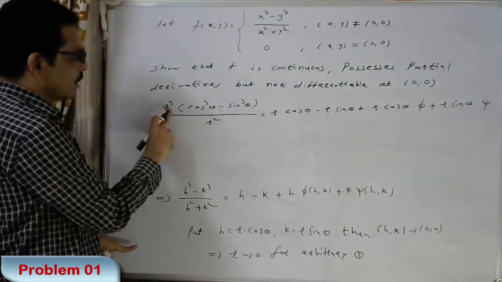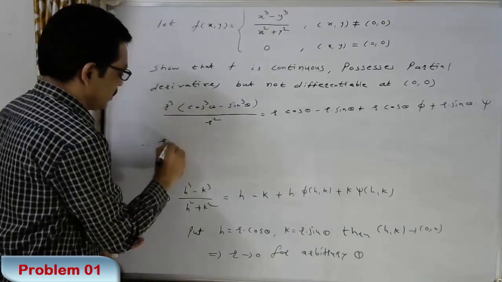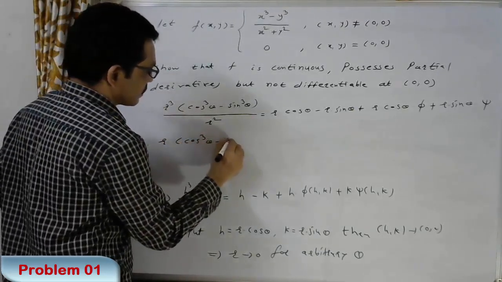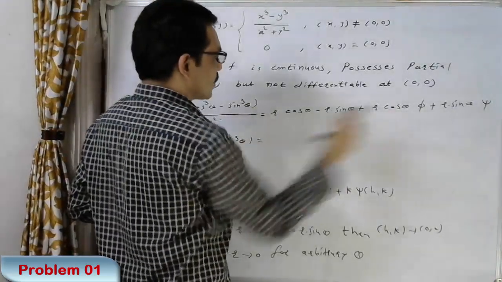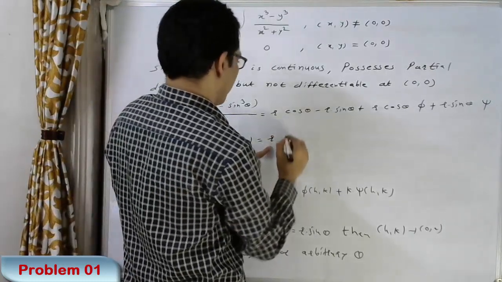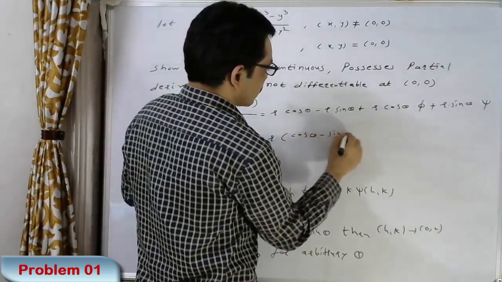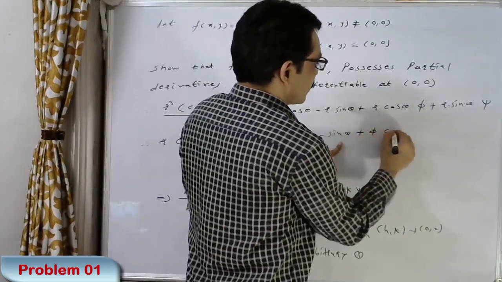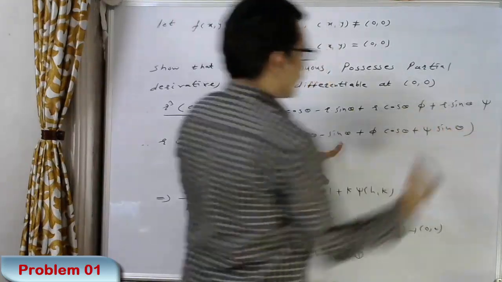Therefore, here r cube divided by r square is r. Then r into (cos cube theta minus sin cube theta) is equal to, here r is common in each term, r into (cos theta minus sin theta plus phi cos theta plus psi sin theta).